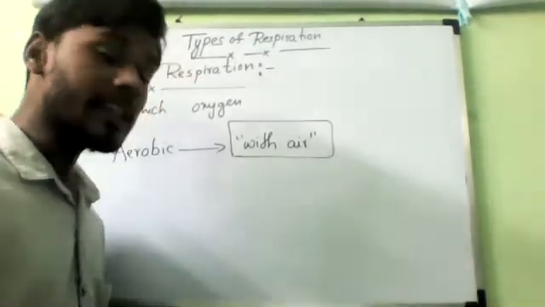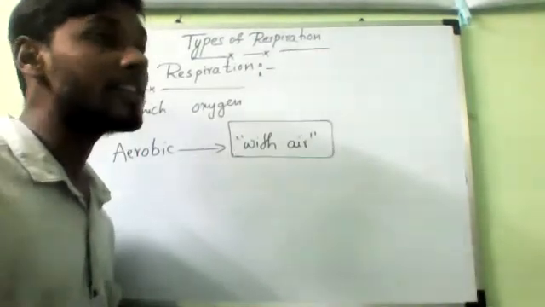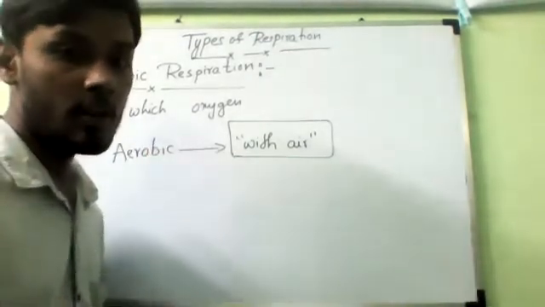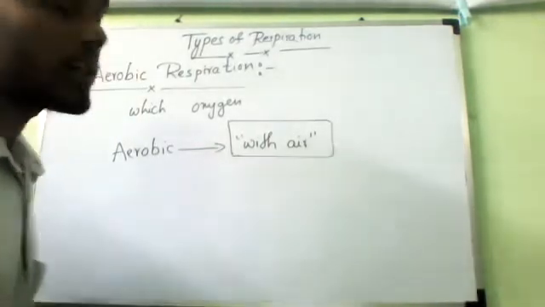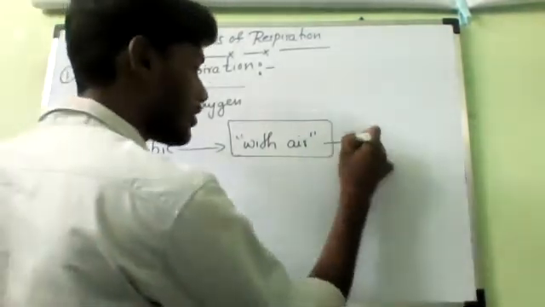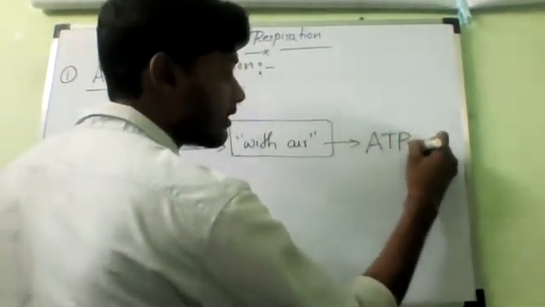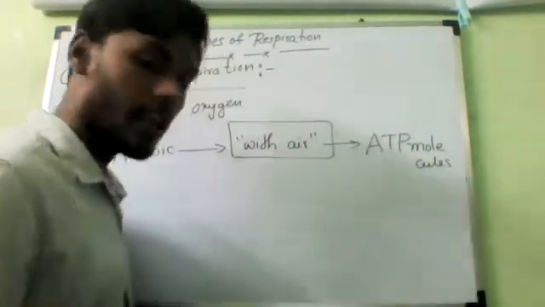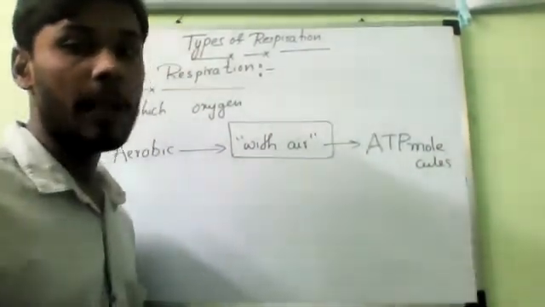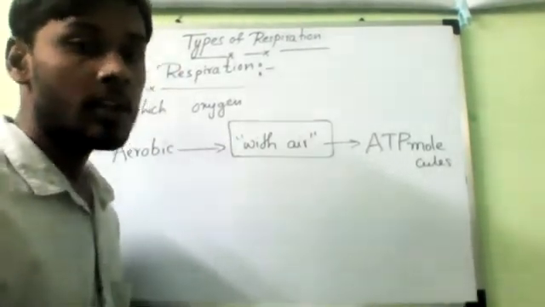Aerobic respiration produces a considerable amount of energy for use by the organism, which is stored in the form of ATP molecules. We also get byproducts: carbon dioxide and water.